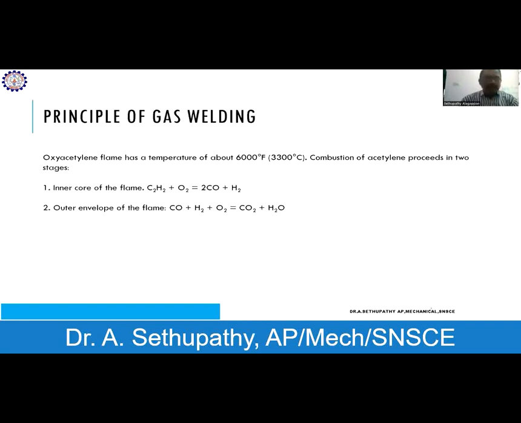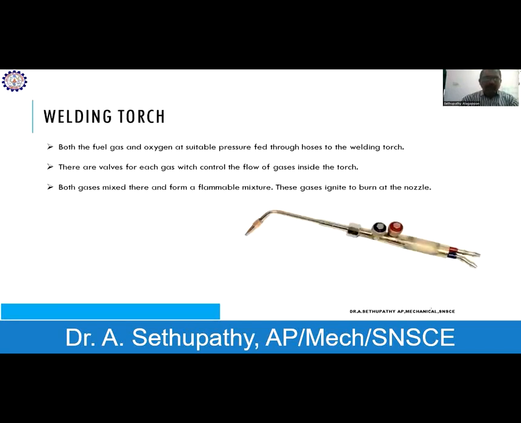Now the principle of gas welding. The acetylene flame has a temperature of about 6000 degrees Fahrenheit, that is 3300 degrees centigrade. Combustion of acetylene proceeds in two stages: number one, the inner core of the flame, then the outer envelope of the flame. These are the chemical compositions of the gas, and how it is used in this process.